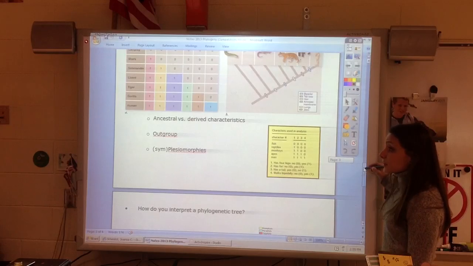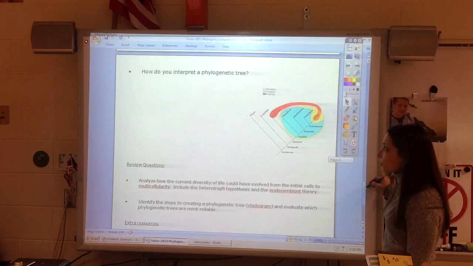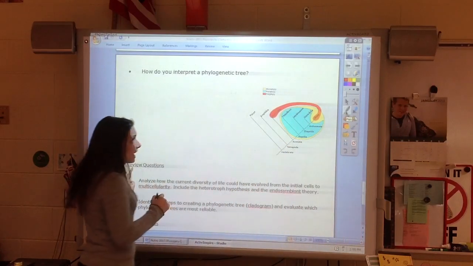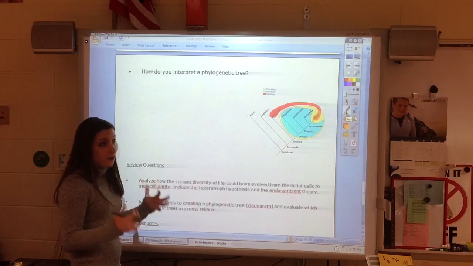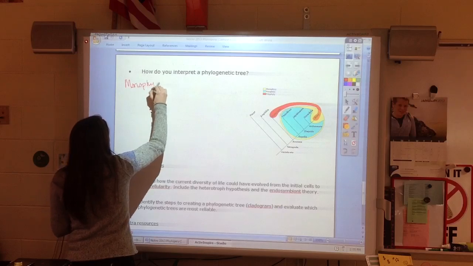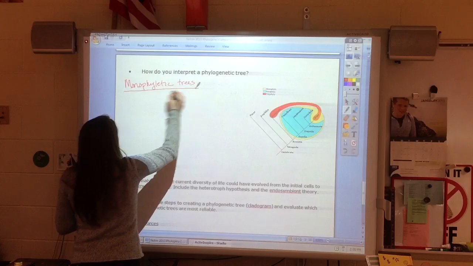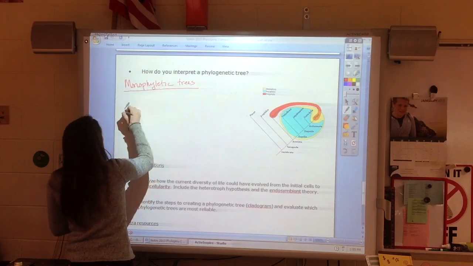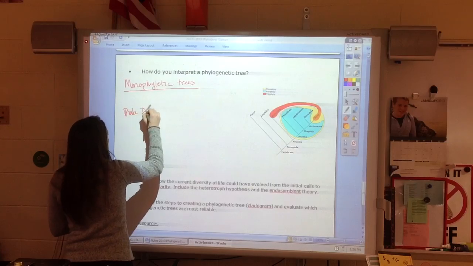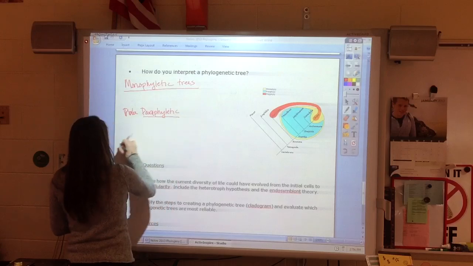We're going to come back to symplesiomorphies in class tomorrow, but I do want to end with how do you interpret a phylogenetic tree? And there are 3 terms that we have to kind of interpret phylogenetic trees. We have what are called monophyletic, paraphyletic, and polyphyletic.